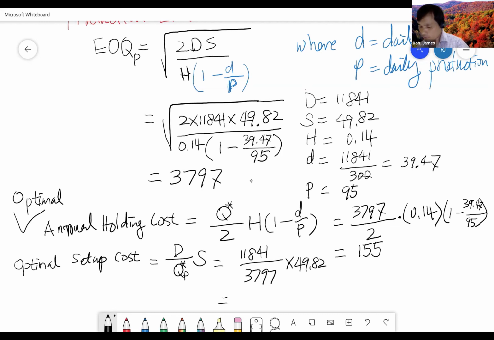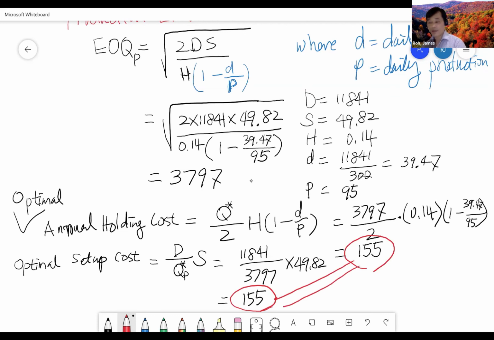And if you calculated the optimal annual holding cost correctly, then your setup cost should be 155, because it has to be the same, right?